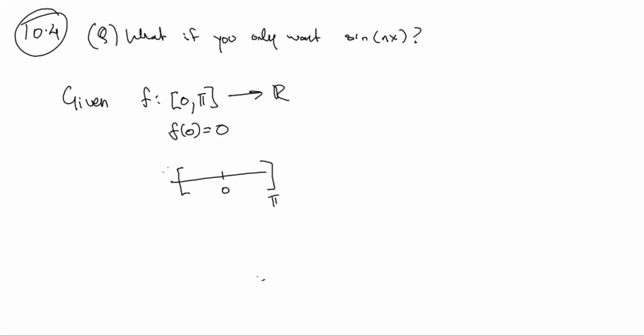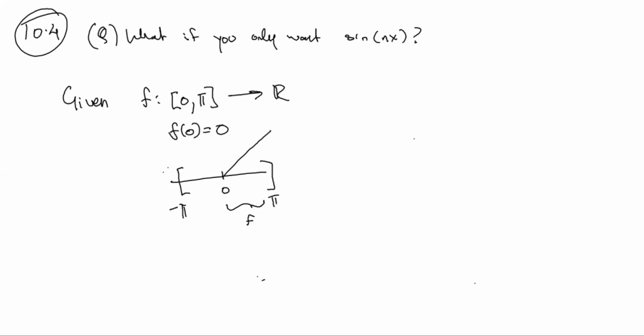So this is the interval minus pi to pi, and you have some function that just looks like this. So f just lives here. How can you use Fourier series? This is another thing that comes up in applications.